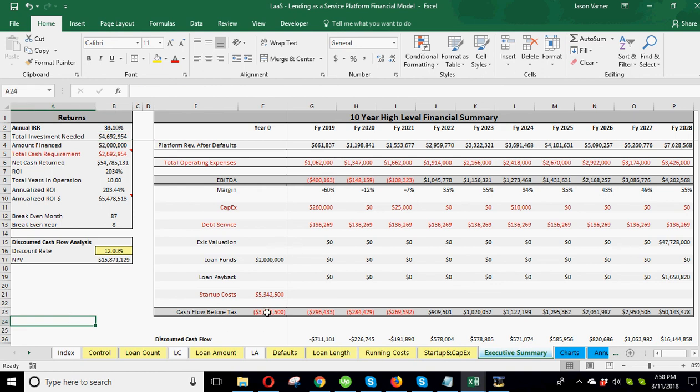But that's if you have your startup cost, and if you run at a deficit, then your initial investment needed is going to have to be more than your initial startup costs, which is probably likely. So we get that number there. You see financed amount, actual capital required. So this is saying you need 2,692,000.